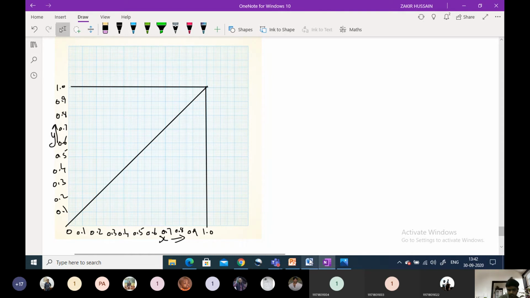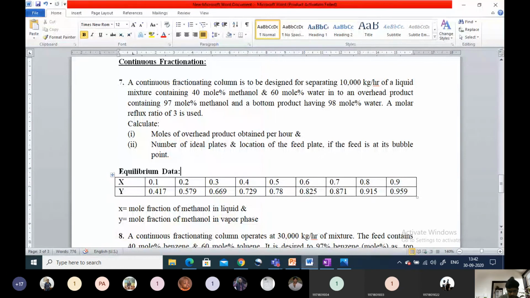We already have the x versus y equilibrium data.